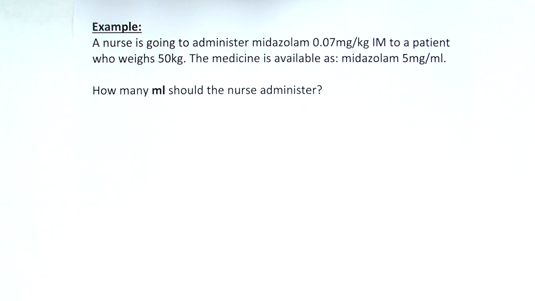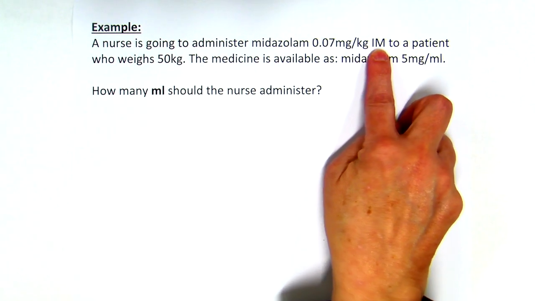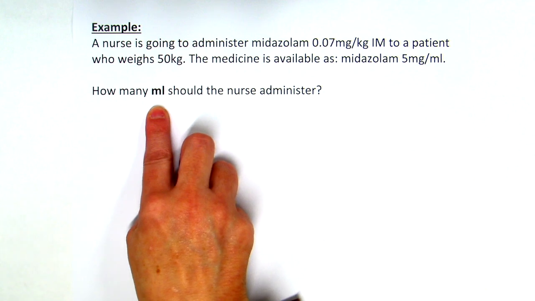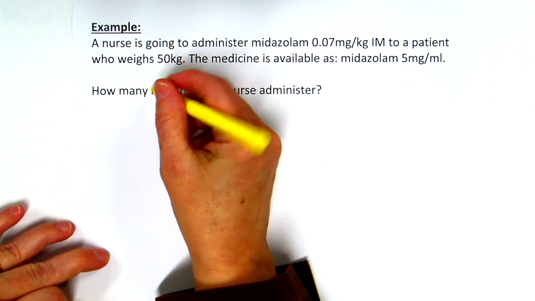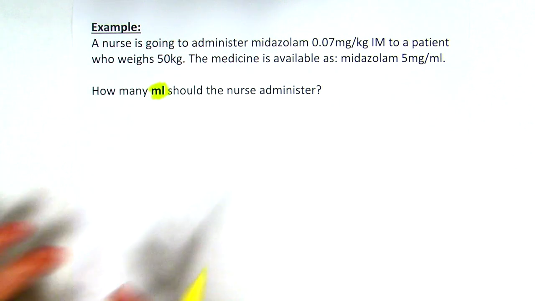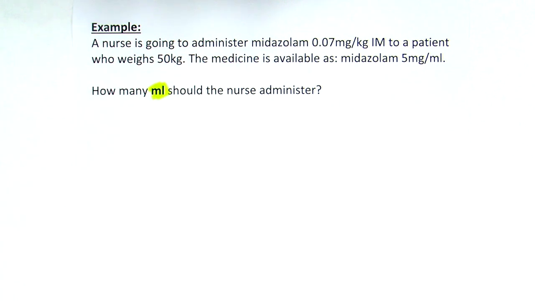The IM, intramuscular, is one of the nursing abbreviations you're going to have memorized. I highlighted this in the question, but it's asking for milliliters. So if I'm going to do a unit analysis, all of my labels have to cross out, and I need to be left with milliliters when I get done.